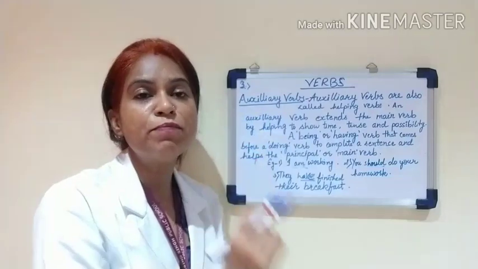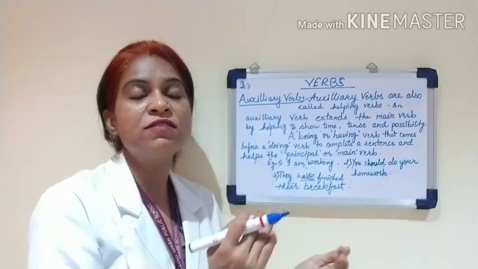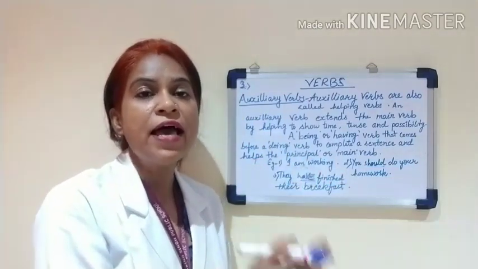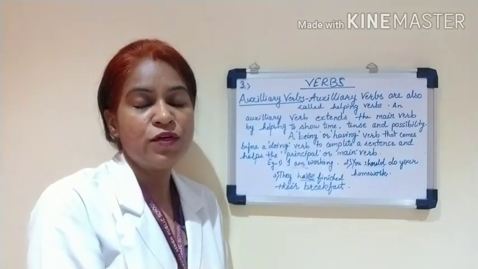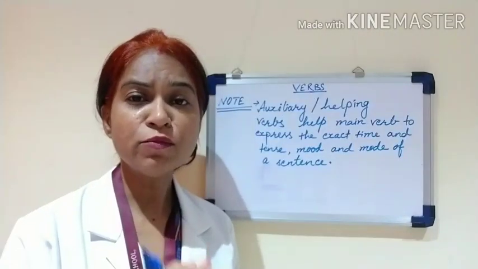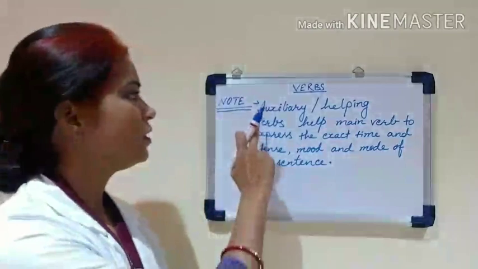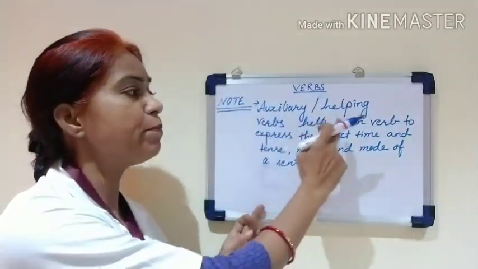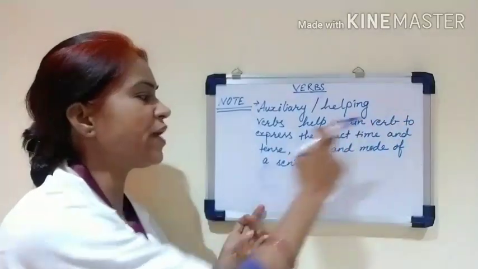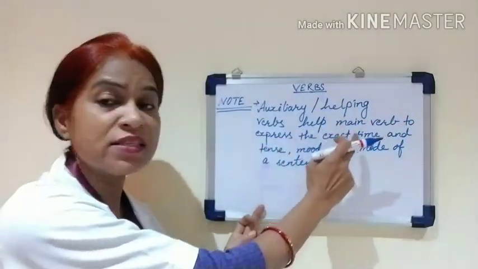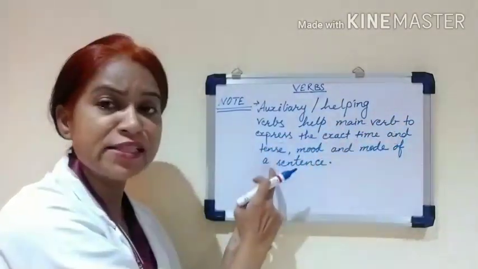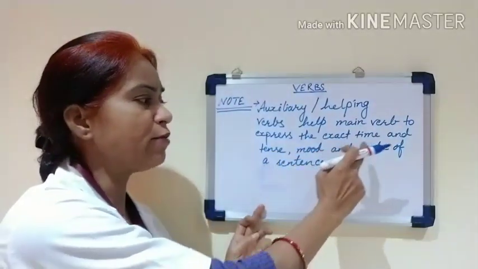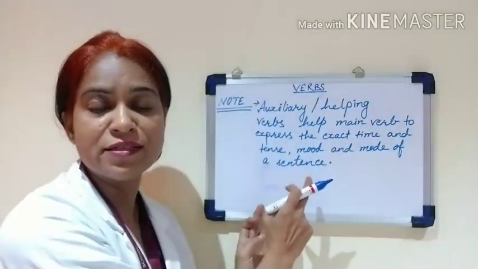This is very important. What is the difference between linking verbs and auxiliary verbs? Here one thing more you must note. Auxiliary helping verbs help the main verb to express the exact time, tense, mood and mode of a sentence.